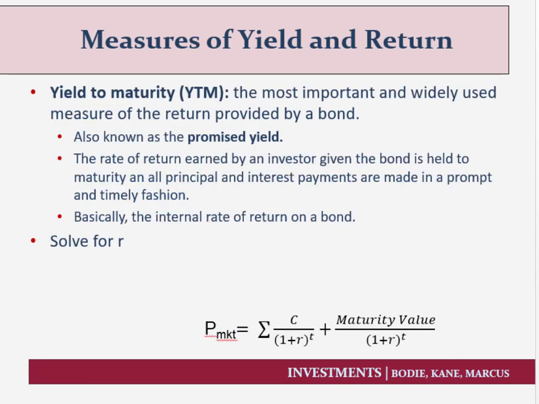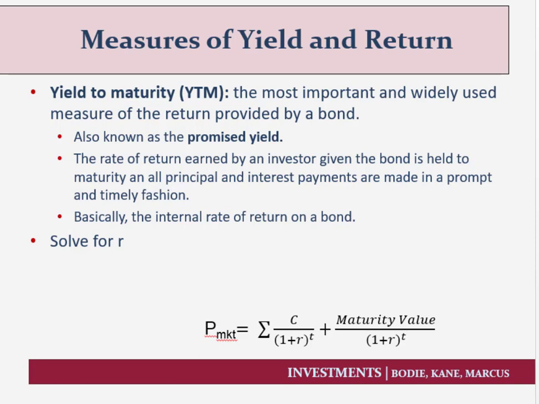So the next return we can look at is something called the yield to maturity. Sometimes they call it the promised yield. In a corporate finance context, we might refer to it as the internal rate of return. But basically it says, look, this is the return you get if you buy the bond and you hold it till maturity.